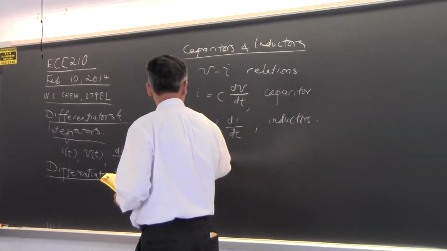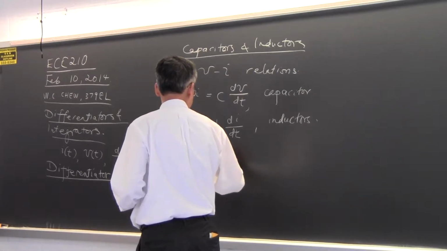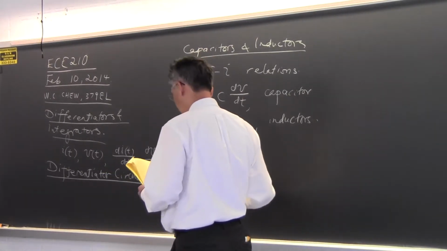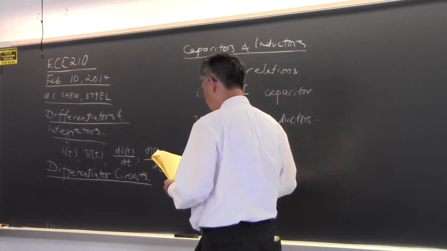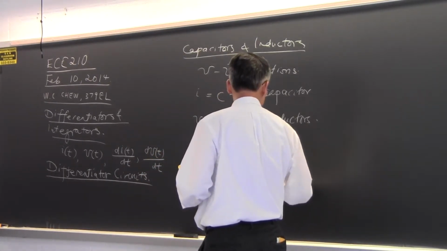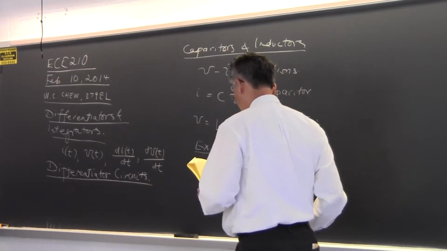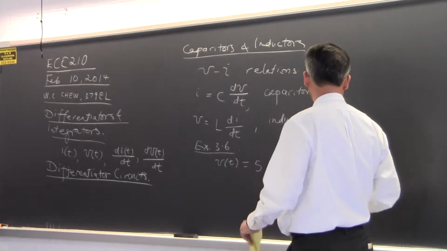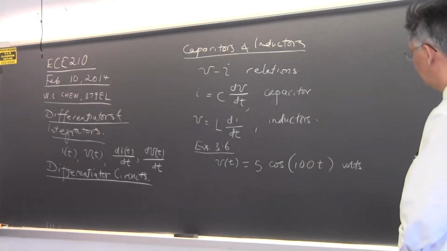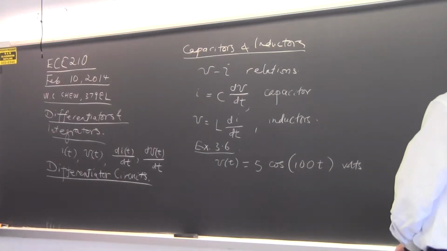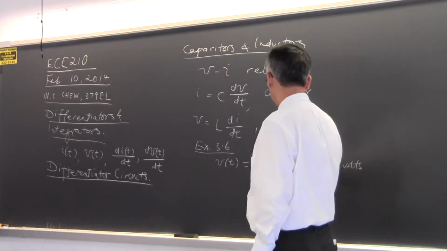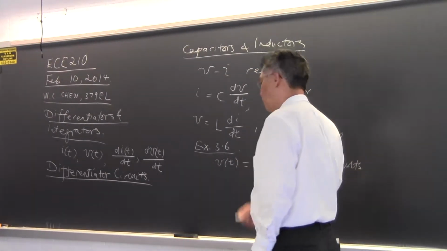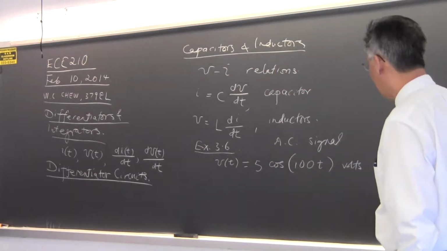And just to have an example, say 3.6 from the textbook. Say we have a voltage source that is sinusoidal, 5 cosine of 100t, in terms of volts. A signal that looks something like this is called an AC signal, a sinusoidal signal, or time harmonic signal.